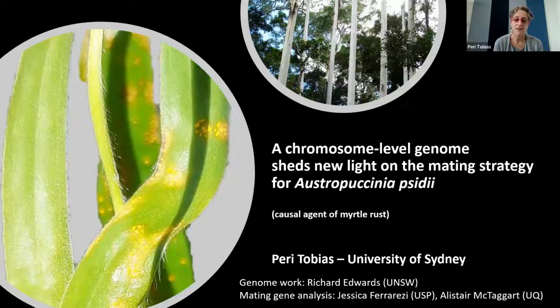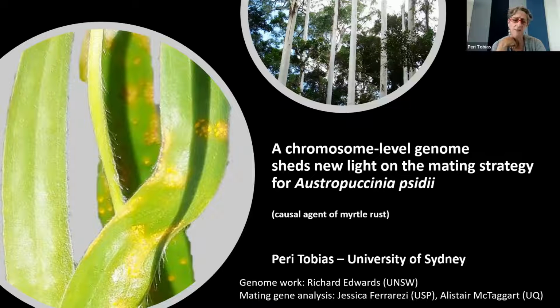On the left is an image of the rust on a willow myrtle, Agonis flexuosa, a West Australian plant growing in Sydney, just up the road from me. And up top, a picture from Port Macquarie of the beautiful Eucalyptus grandis in its natural habitat. These are grown as forestry trees all around the world.